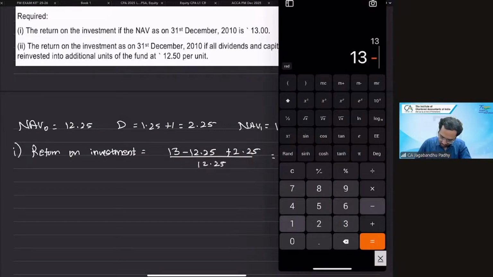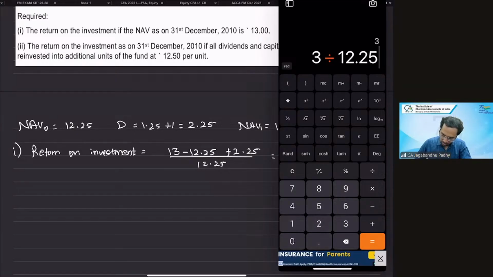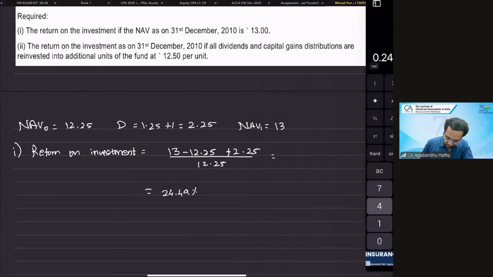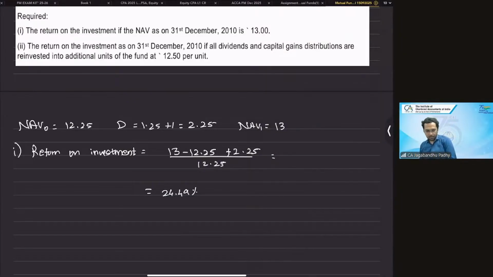So 13 minus 12.25 plus 2.25 divided by 12.25 is 24.49%, the first part. Clear? Am I right, guys? Yes.